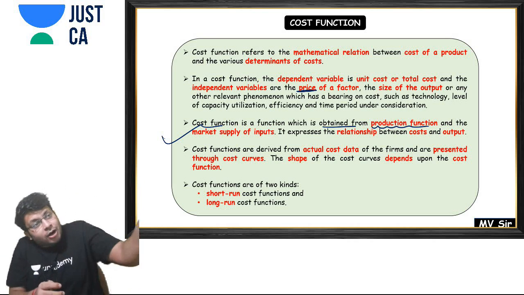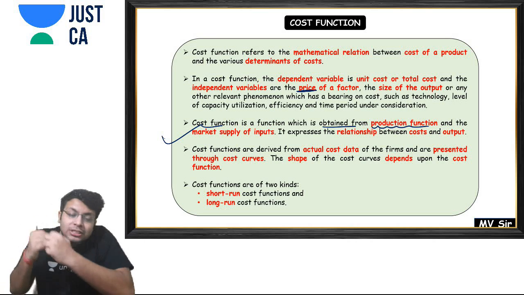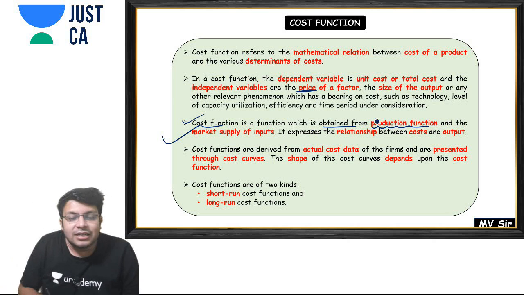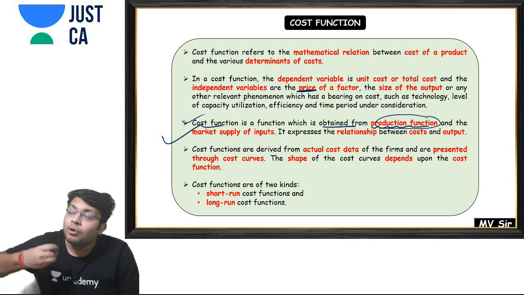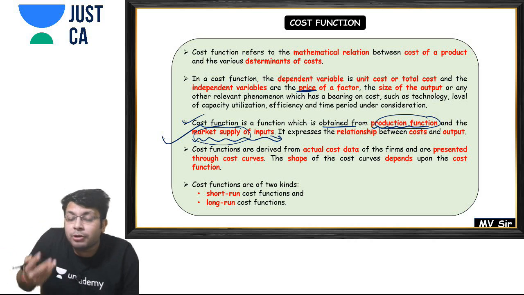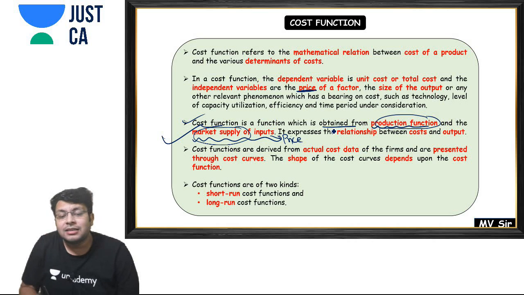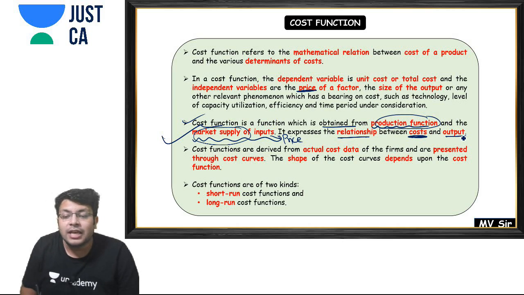So using the production function, you get the cost function. Are you getting my point? From the production function you will get to know which inputs you are using, and from the market supply of inputs you will get to know the current price of those inputs in the market. So the cost function expresses the relationship between cost and your output.